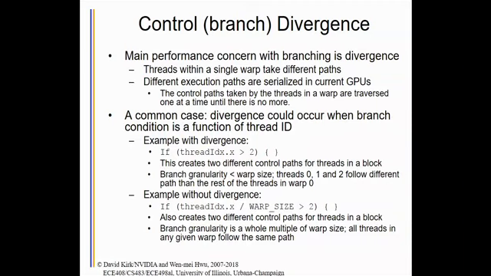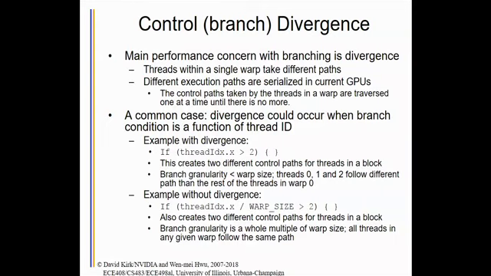In warp 1, warp 2, warp 3, all the thread indices will be greater than 2. So they will still be making exactly the same decision within that warp. So even when you have a thread index involved, it doesn't mean that there will be control divergence within all the warps. Okay.